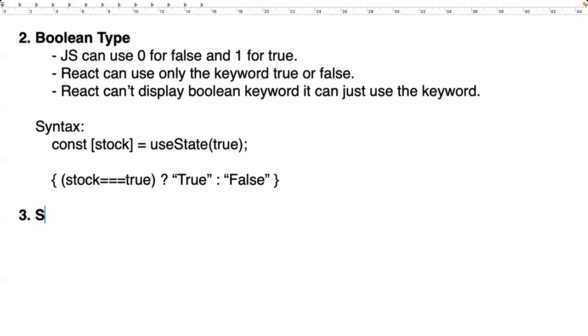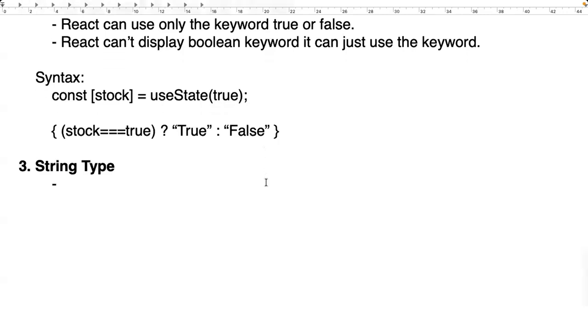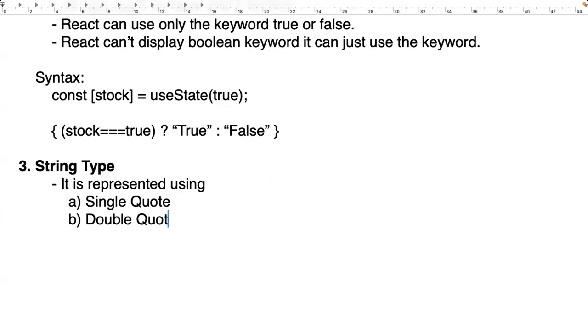Next important, string type. There is no change in string type. How you deal with string in your JavaScript, the same way we deal in React. There is no change. You know that it is represented using a single quote, using double quote, and with backtick.